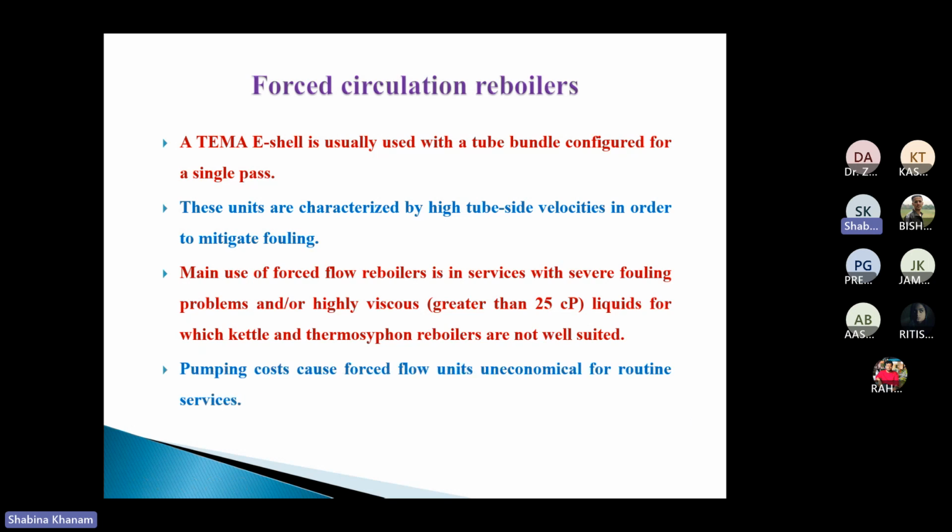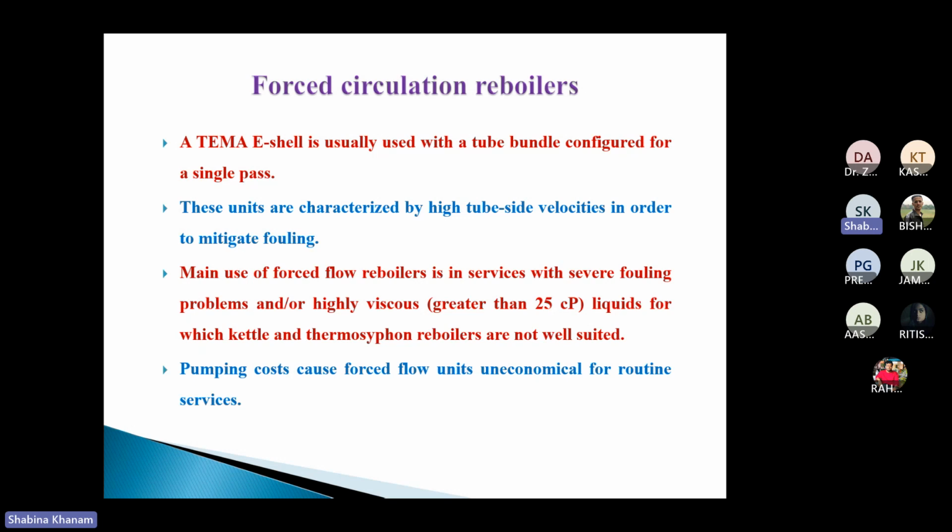This is because it includes an additional unit, that is pumping is required, and pumping is not very cost effective. So it becomes uneconomical to include a pump in that.